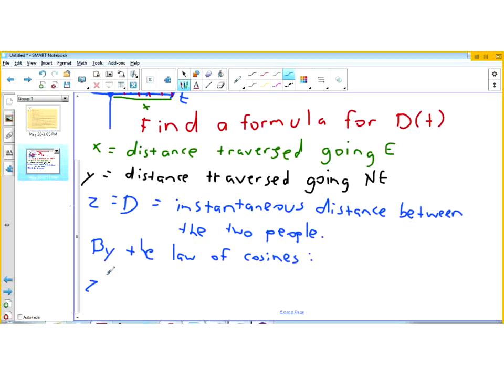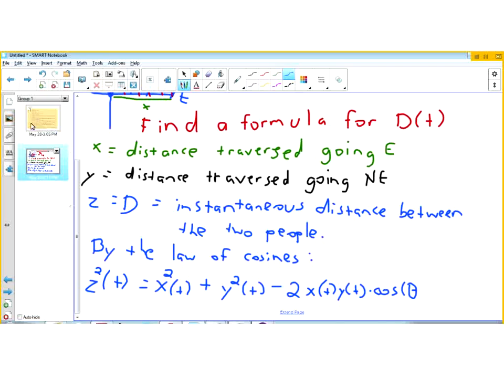So the distance separating the two people, z squared, is equal to x squared plus y squared, the distance the northeastbound person traverses, minus 2 times x of t times y of t times the cosine of the angle between the two trajectories, which is 45 degrees.